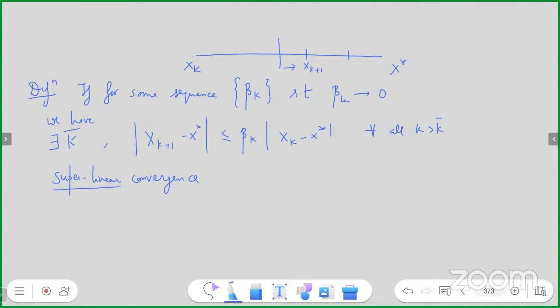And finally, let me not belabor the point, |xk plus 1 minus x star| is less than or equal to beta times |xk minus x star| to the power r, right? For r greater than 1. What would I like to call this? It's essentially just called converging with order r. So is this stronger than this?